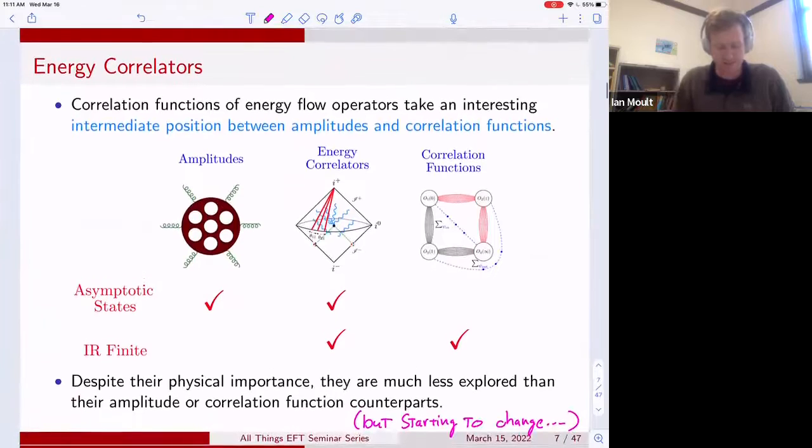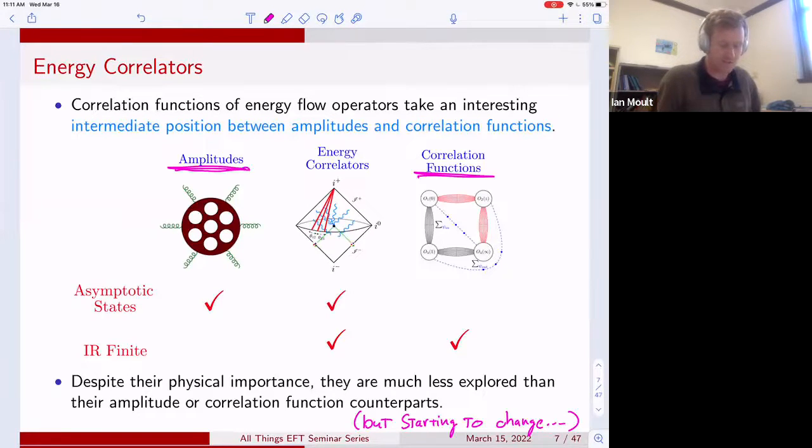Since these are maybe a little bit unfamiliar to people, I just want to put them into the context of other observables in quantum field theory. These energy correlators take an interesting intermediate role between amplitudes, which everyone is familiar with, and correlation functions of local operators, which everyone is also familiar with.